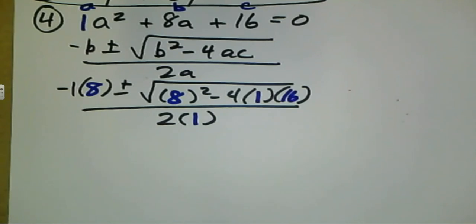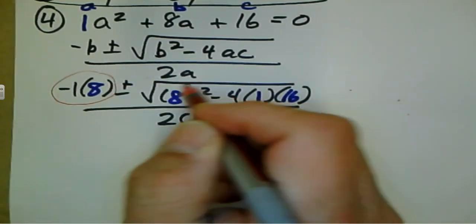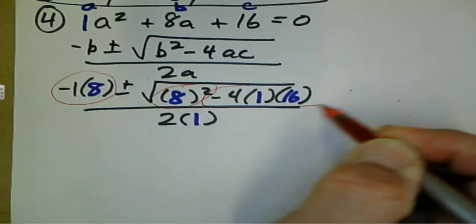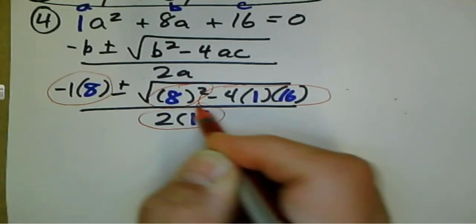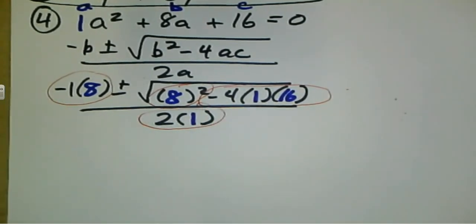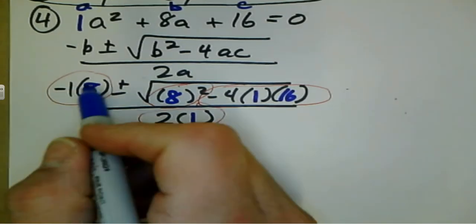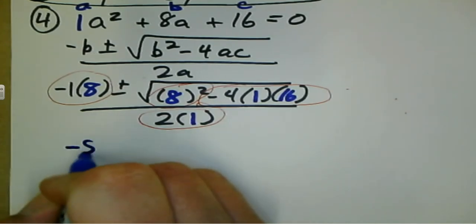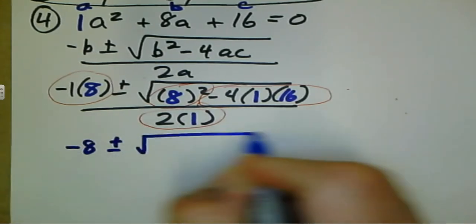Excellent. So the parts I'm going to do, this part, the squared part, the negative 4 times the 3 over there, and that part. It's going to help you to do that. If you don't understand what to do next, circling them is going to help, as well as having it on your notes. So negative 1 times 8, negative 8, plus or minus.